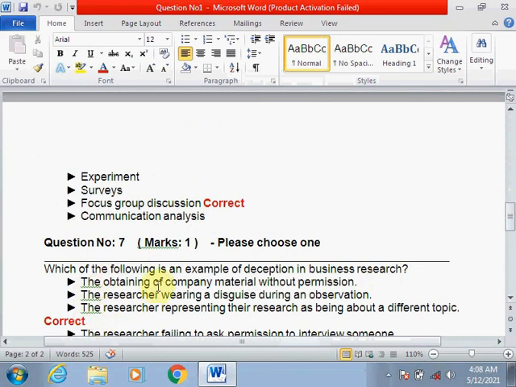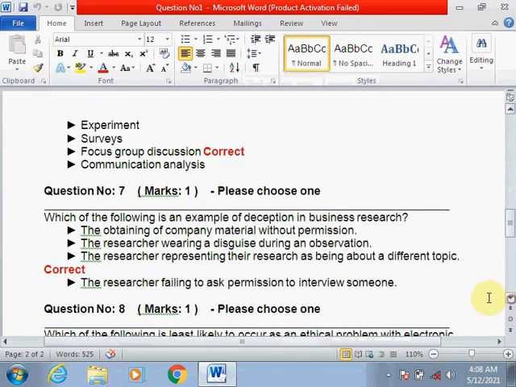The obtaining of company material without permission; the researcher wearing a disguise during an observation; the researcher representing their research as being about a different topic; the researcher failing to ask permission to interview someone.